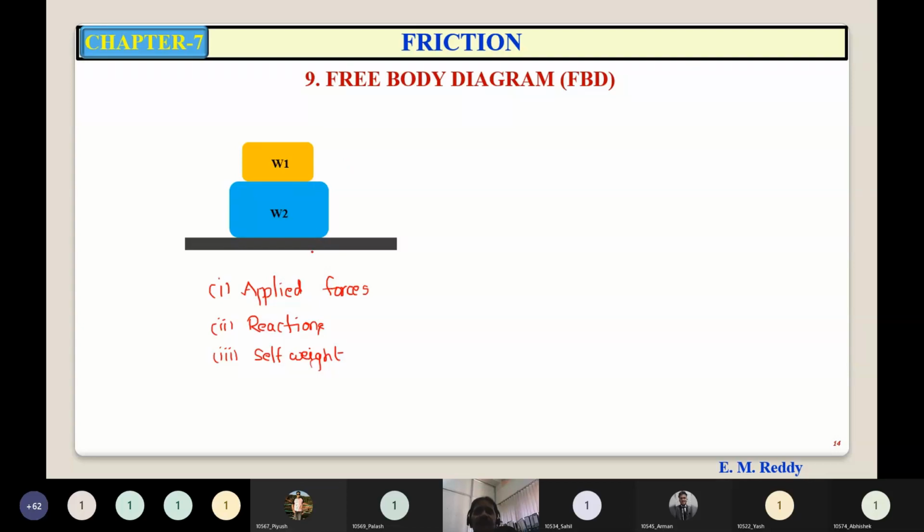So this system is having three bodies. Am I right? What are those three bodies? W1, that is body 1, body 2, and the ground or surface. Now the entire system is in equilibrium. Now we have to draw free body diagram of, let us say this is body 1, body 2.